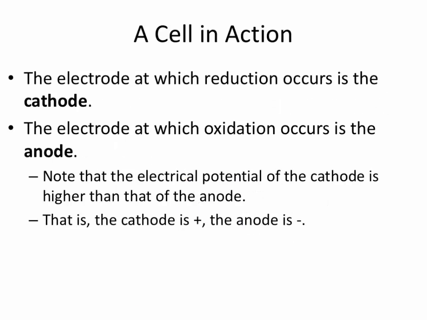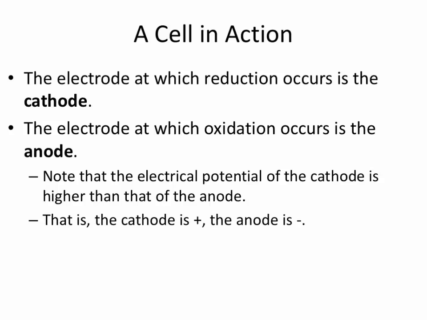Now, the electrode at which the reduction occurs is called the cathode. And the electrode at which the oxidation occurs is the anode. Now note that the electrical potential of the cathode is higher than that of the anode. That is, the cathode is positively charged and the anode is negatively charged.